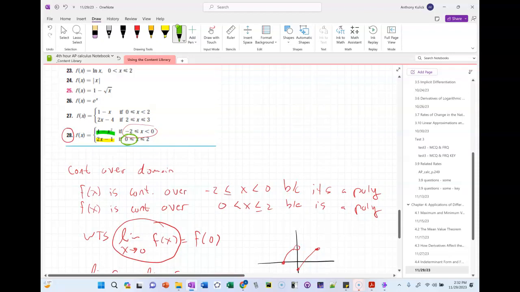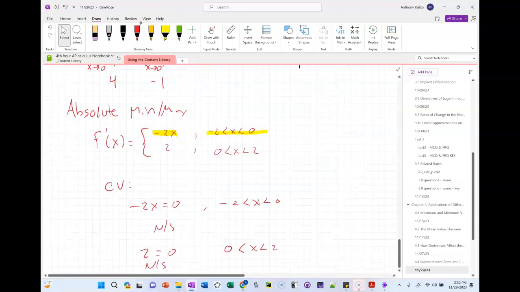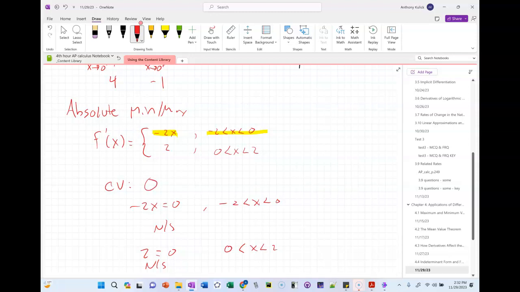0 is in the domain for f, but it is not in the domain for the derivative, because we do not have continuity at 0. So we have one critical value. Everybody's okay with why 0 is a critical value?